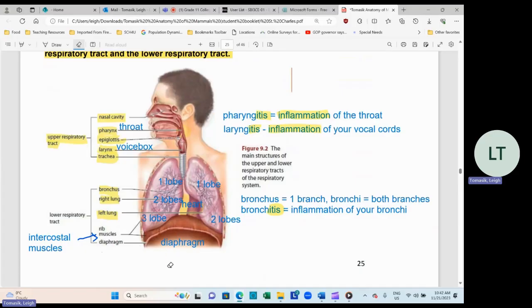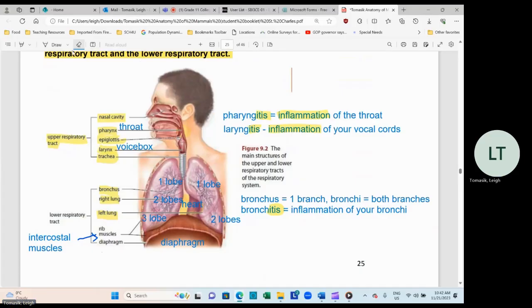So the diaphragm moves down, and the intercostal or rib muscles move out. So your rib cage will be pulled by your intercostal muscles, and that will create more space on the side of your lungs. And your diaphragm will push down, and that will create more space underneath your lungs.